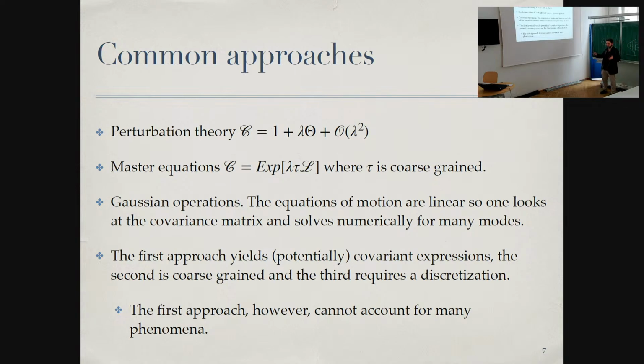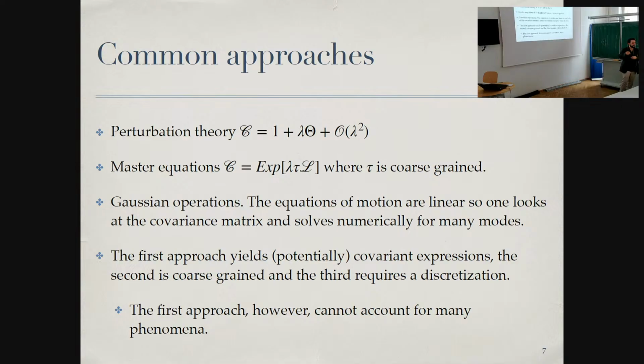Then there have also been attempts, I'm not putting references, but there are many papers in which one tries to think about this in the Nakajima-Zwanzig way, as some sort of master equation in the weak coupling regime that gives you finite answers. That is, they're not perturbative, but they're evaluated in a coarse-grained time.